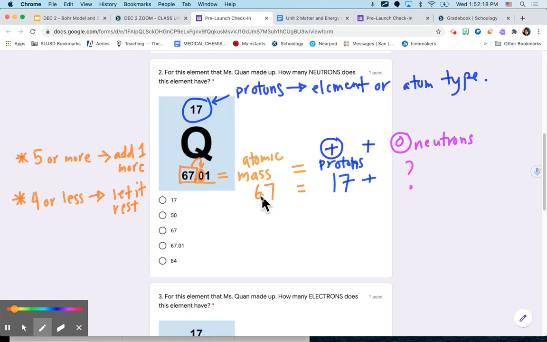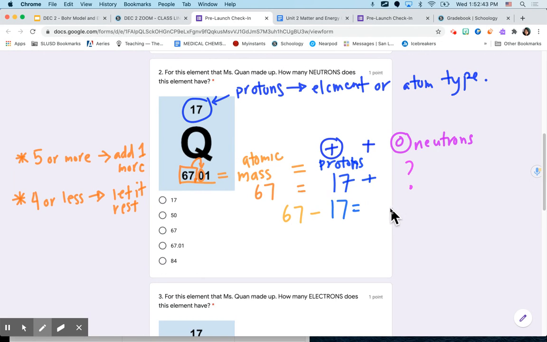So basically, if my atomic mass is made up of two things, protons plus neutrons, then I just need to subtract, right? So 67 minus 17 protons will tell me how many neutrons I have left, right?